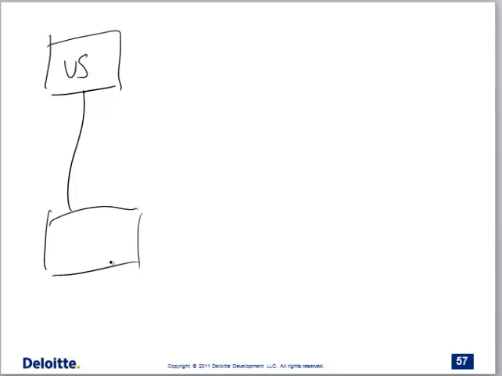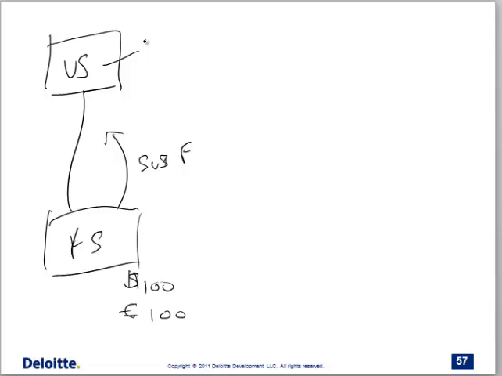Okay, so let's say that you have a U.S. parent and a foreign sub, and let's say it had $100 of profit, equal to 100 euros, and you have a deemed dividend. It's Sub F because it's all interest income, let's say. So they picked up on their U.S. taxable income $100.